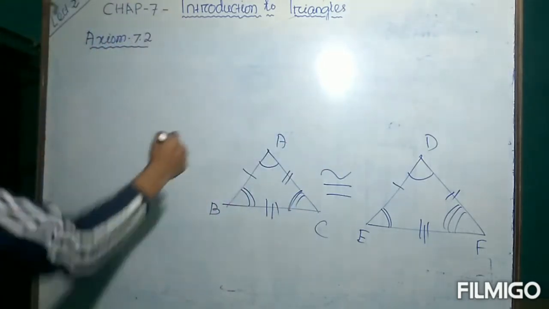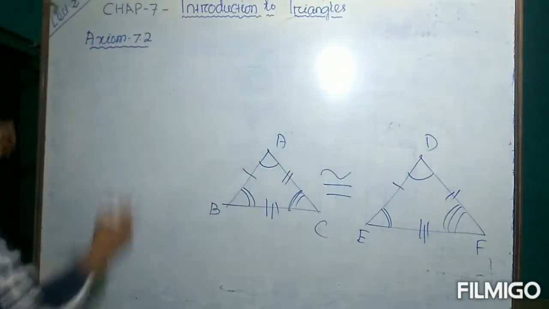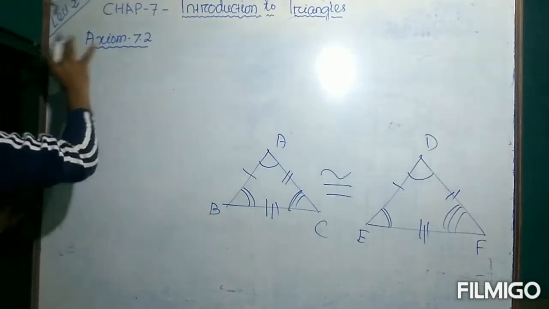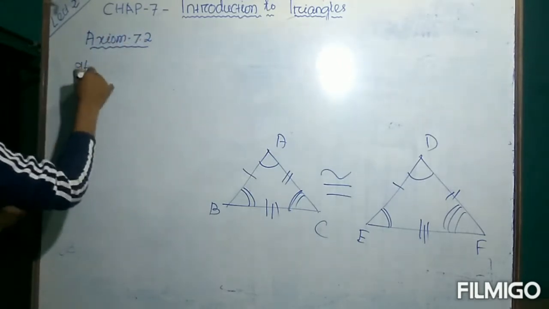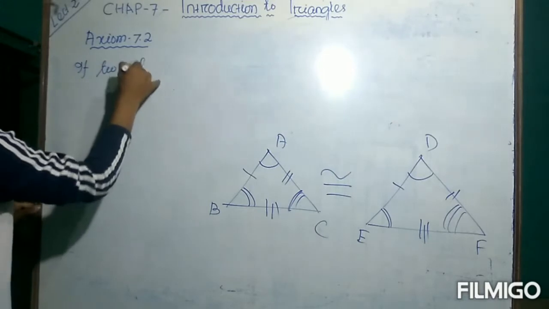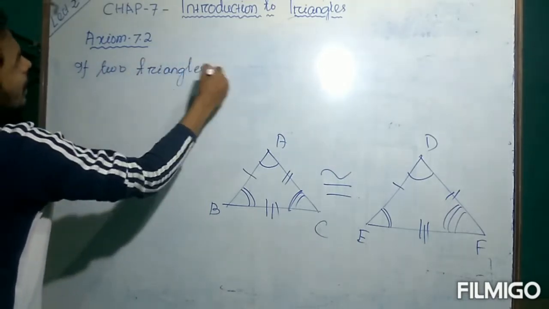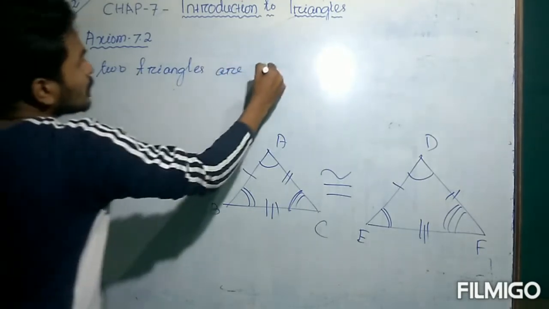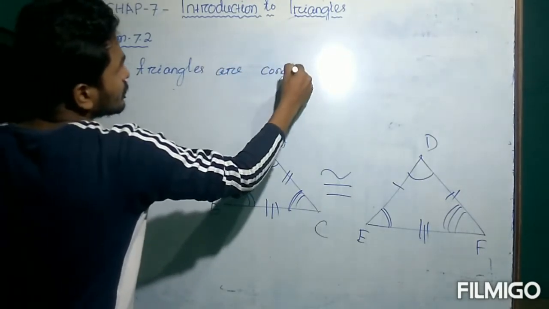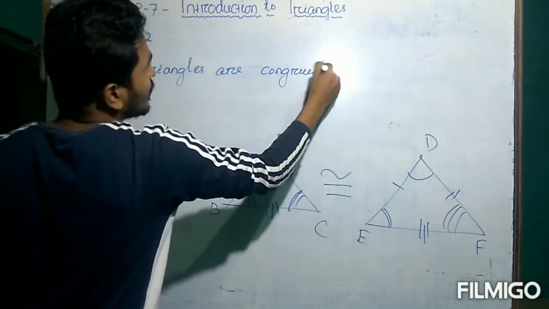So let us first write the statement of axiom 7.2. So according to this axiom, if two triangles are congruent, this is given already.